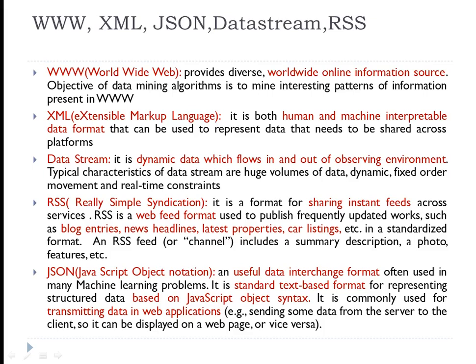And the next one is JSON, which stands for JavaScript Object Notation. This is a standard text-based format for representing structured data. JSON is used to represent structured data, and it is based upon JavaScript object syntax, and is very commonly used for transmitting data in web applications. Suppose I'm sending some data from a server to a client, so it can be displayed on a web page or a service, and vice versa.